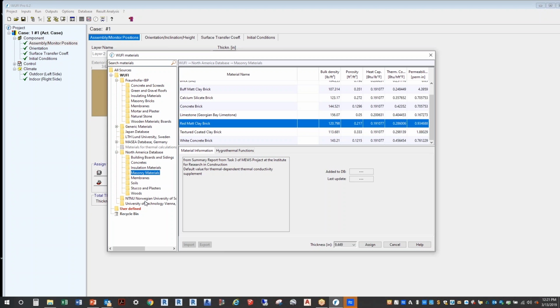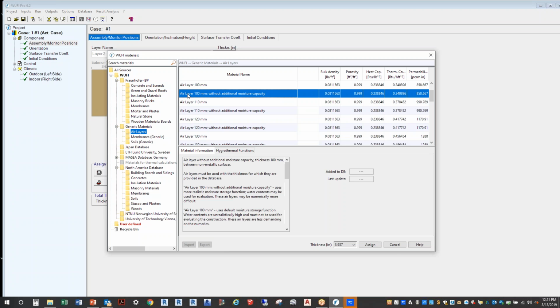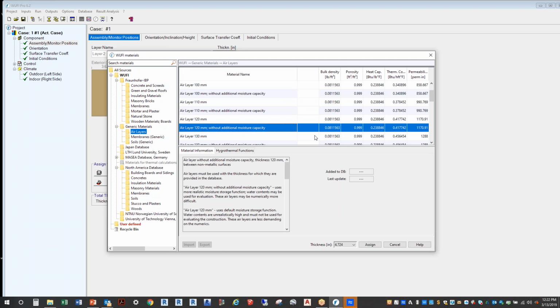Airspaces are in the generic materials, air layers. So 120 millimeters without additional moisture capacity, which means that the air is humid. It's already saturated. So I'm going to pick the worst condition. I'm going to assign that.